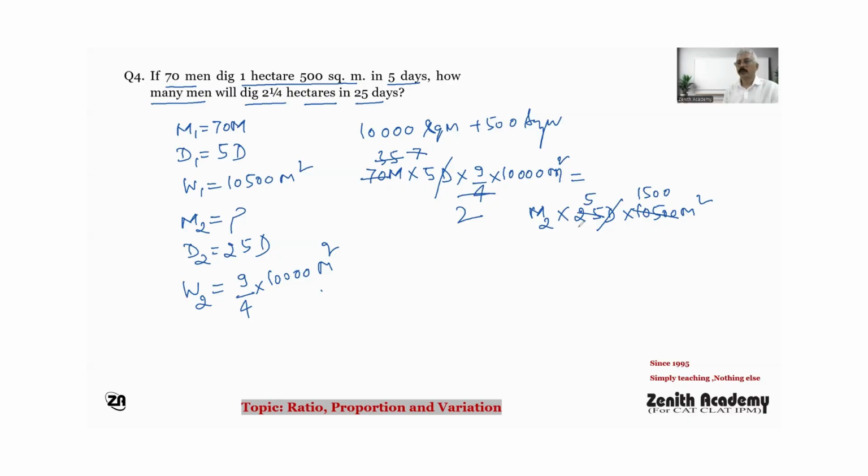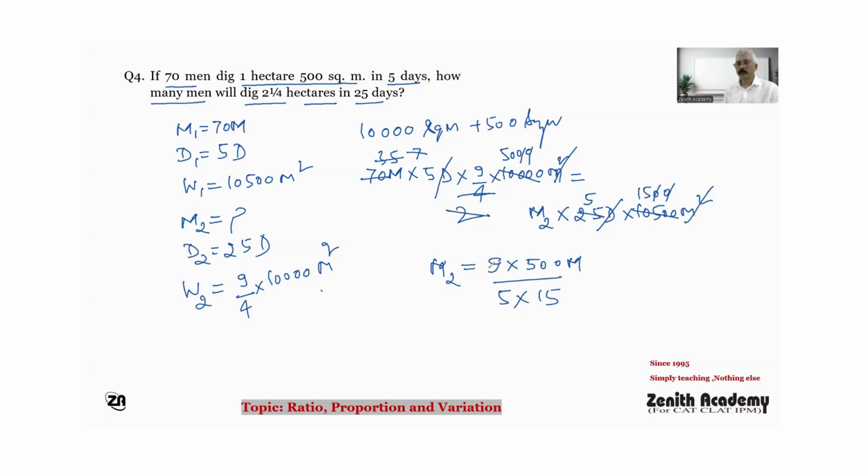So here M2 is... cancel everything by 2 and reduce. 5000, the double zero cancels. Only calculation is left here. So M2 is 9 into 500 over 5 into 15, and this was M so M will remain, the rest everything has been cancelled.